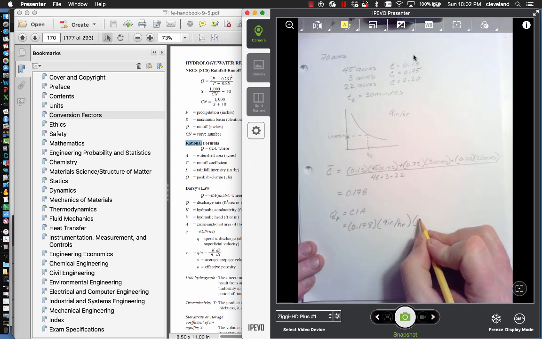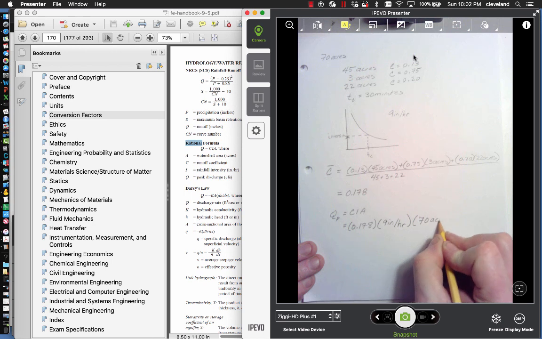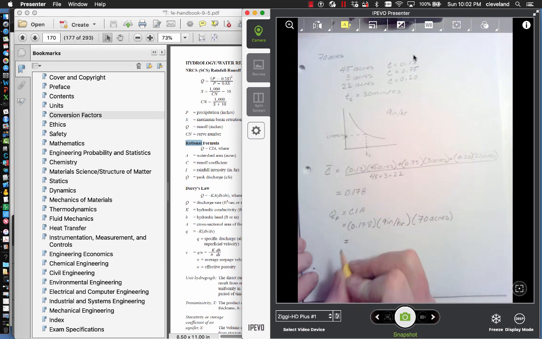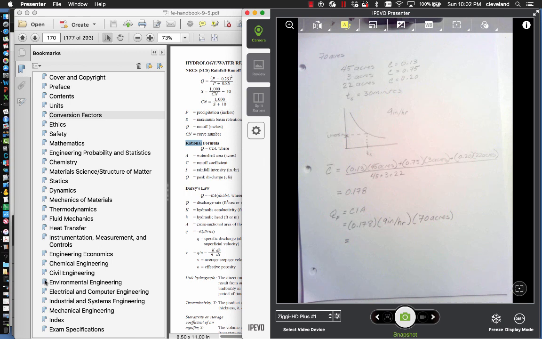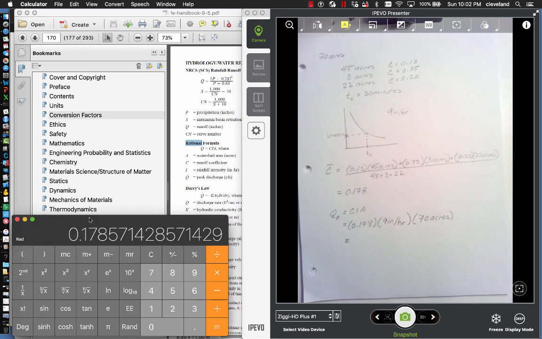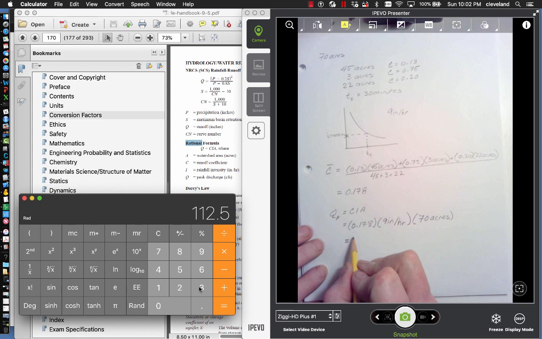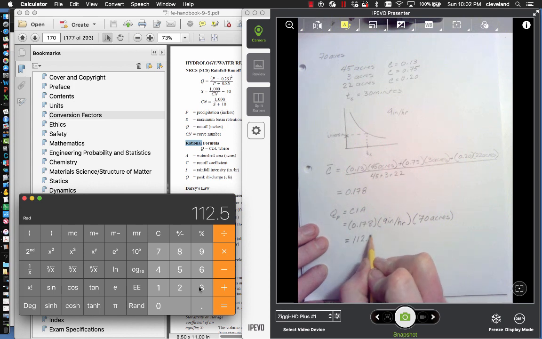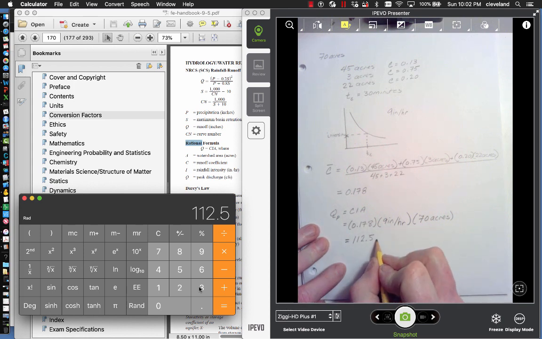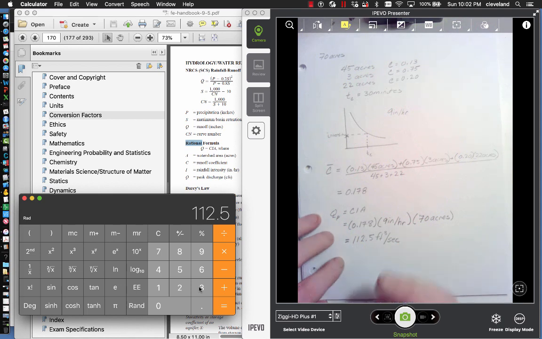And our area is 70 acres. We'll perform the indicated arithmetic. 0.178 times 9 times 70 equals 112.5 cubic feet per second.